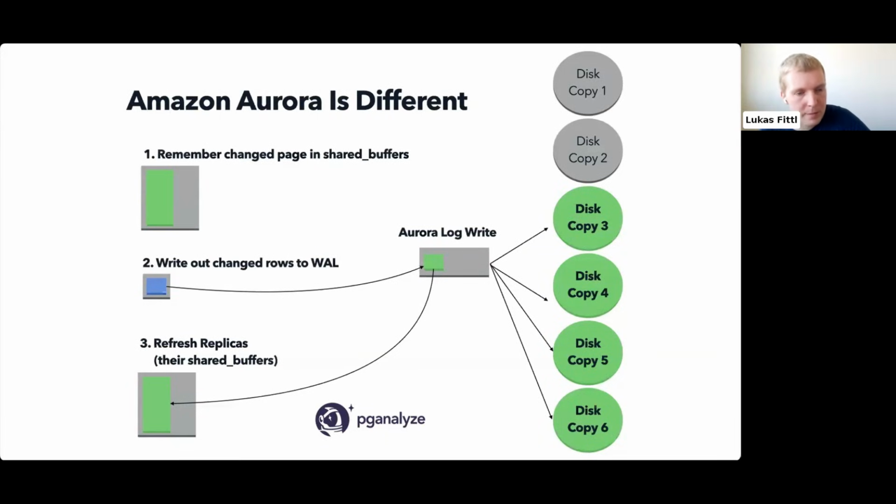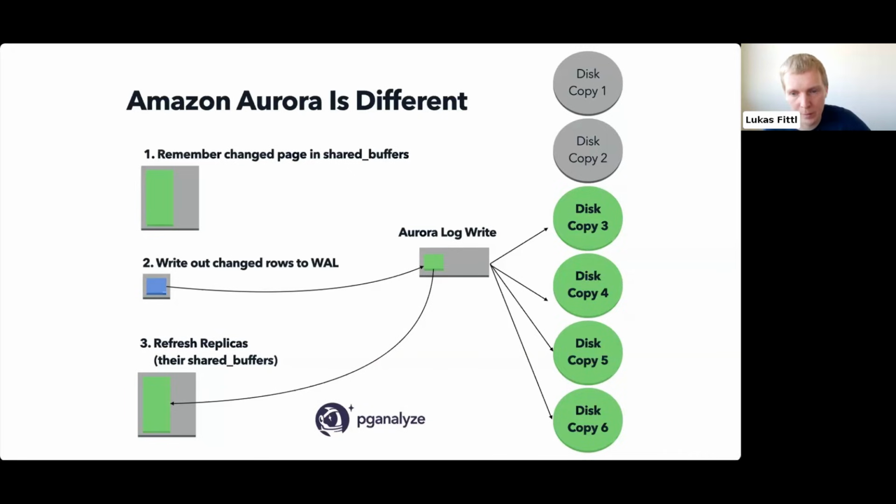So let's talk for a moment about what Aurora does differently, because I think that's really the key thing to remember, right? When I have a page I'm changing in Postgres, I'm making a modification, I have this middle step where I need to write out things to the WAL. Now in Aurora, that's what's called the log write, right? It's basically writing not to a regular WAL file, but to this internal storage service.